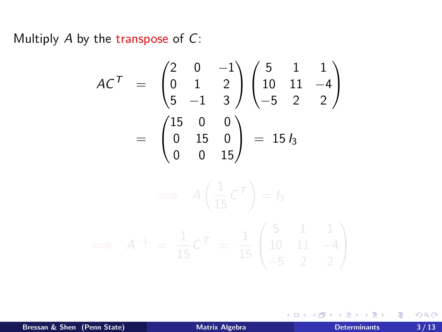Now let's observe some interesting property of this C here, at least in this example. So we have an A and we have computed the C on the previous page, and let's do the calculation of A times C transpose. So this is the A, and this is the C transposed. I take the C and transpose it, and then I carry out this matrix multiplication.